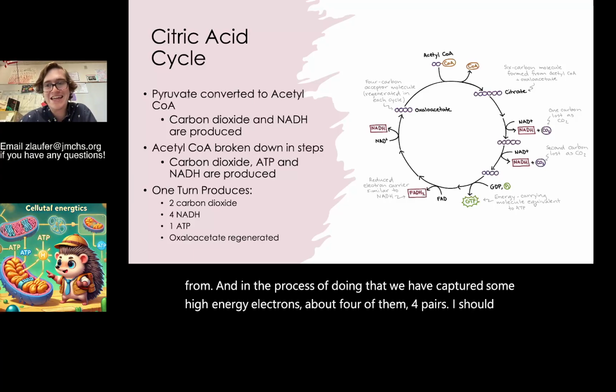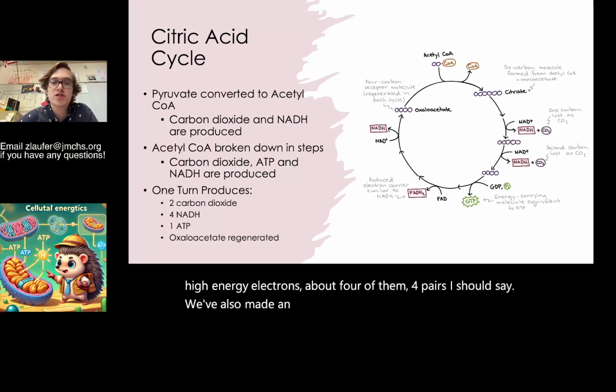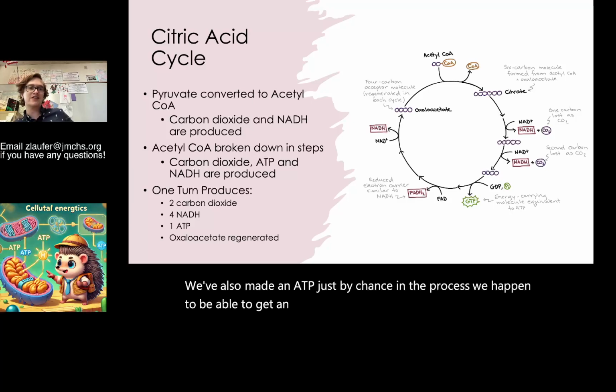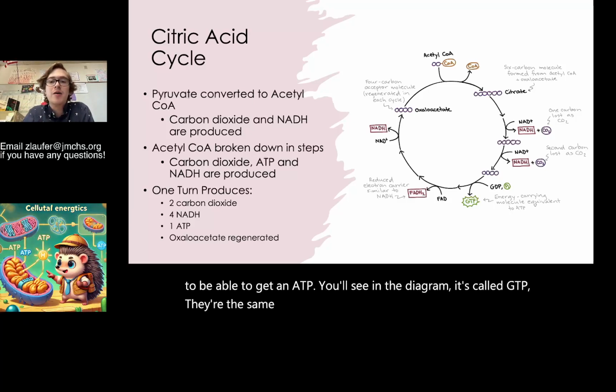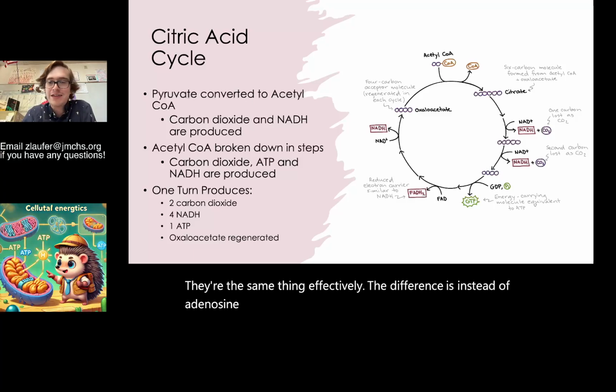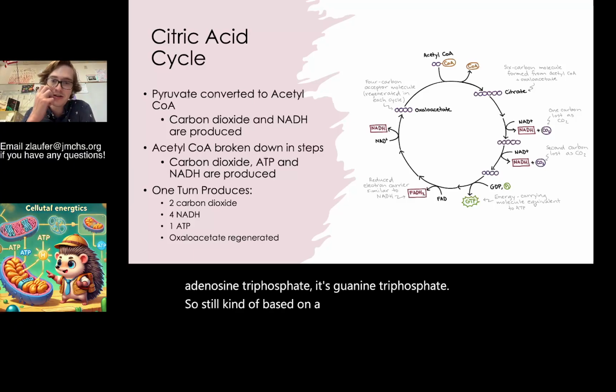We've also made an ATP, just by chance in the process. We happen to be able to get an ATP. You'll see in the diagram, it's called GTP. They're the same thing effectively. The difference is instead of adenosine triphosphate, it's guanine triphosphate. So still kind of based on a nucleotide, still the same purpose.